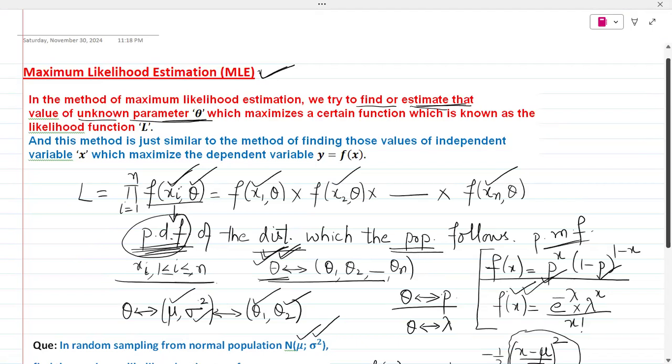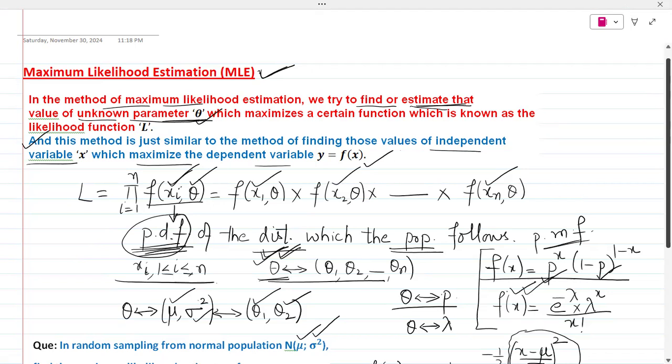Now, as mentioned, this method of MLE is just similar to the method of finding those values of the independent variable x which maximize the dependent variable y equal to f(x). Because of this, we will require certain equations to find theta.